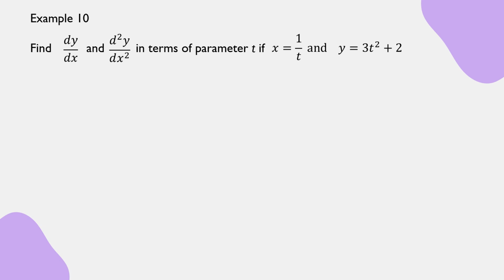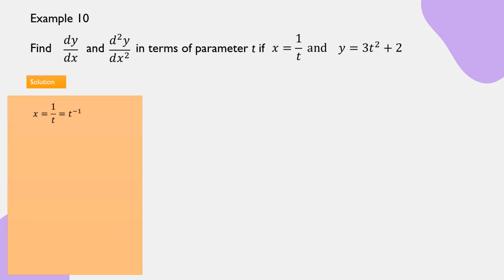Okay, example 10. Find the first and second derivative if x equals 1 over t and y equals 3t squared plus 2. dx/dt equals negative 1 over t squared, and therefore dt/dx equals negative t squared.